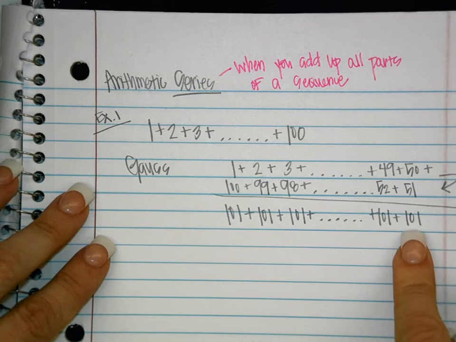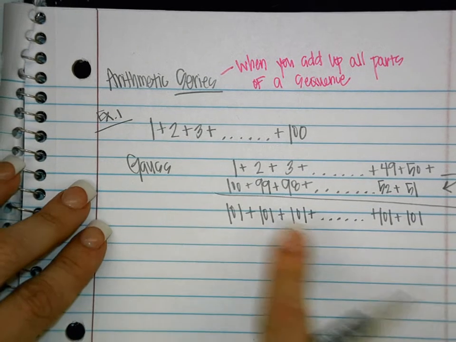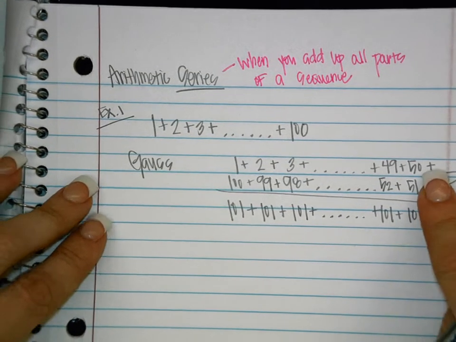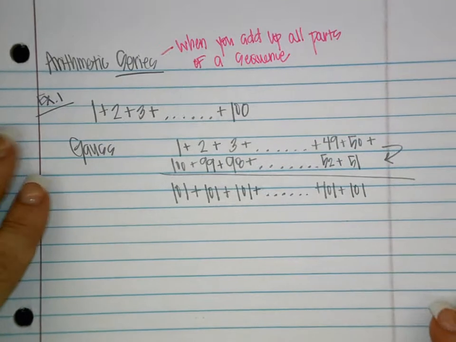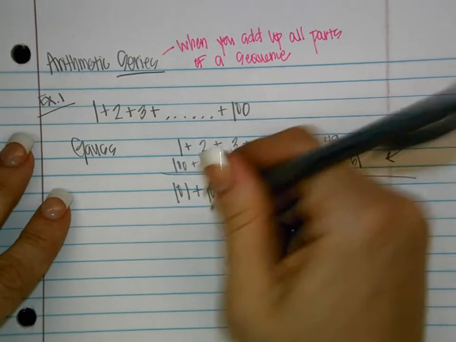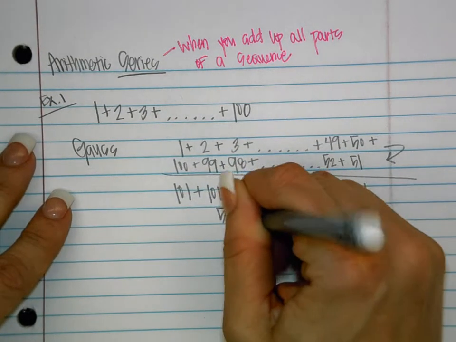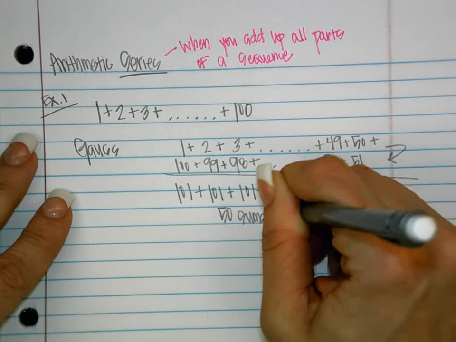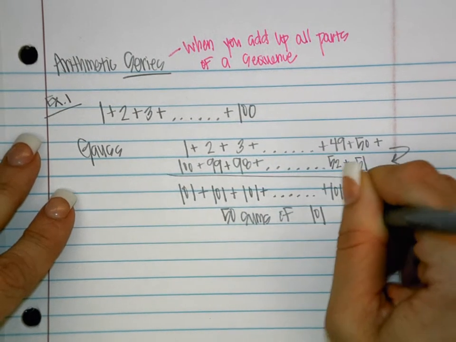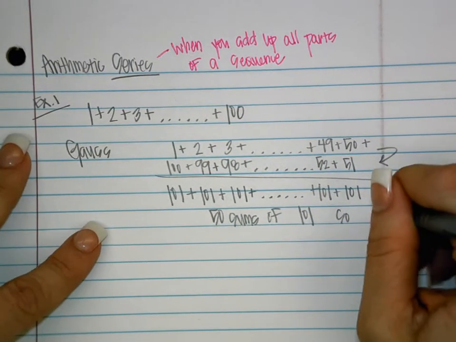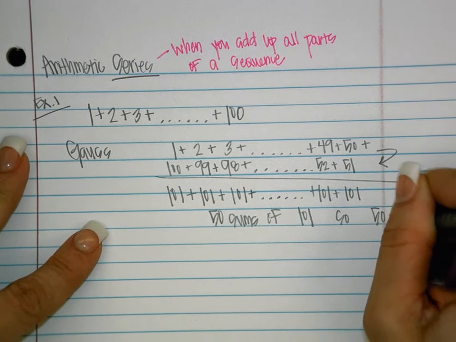How many times would he add up sets of 101? 50 times. He realized there are 50 sums of 101. So essentially he could just do 50 times 101.